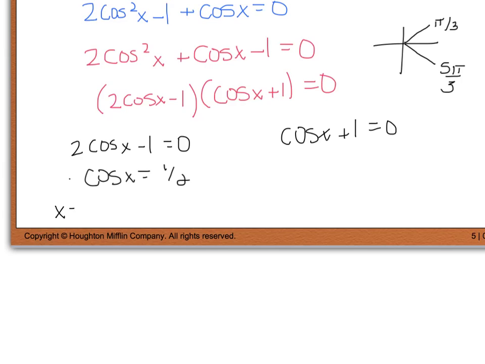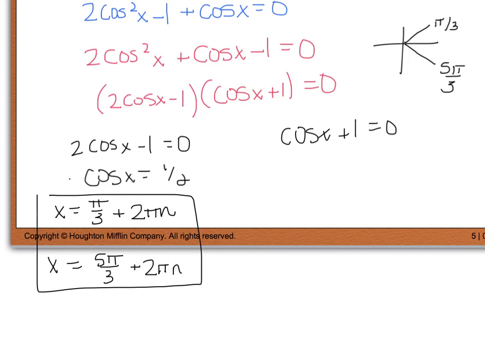So I have x equals pi divided by 3 plus 2 pi n, and I have x equals 5 pi over 3 plus 2 pi n. So I'll accept either one of those. And then here I have cosine x equals -1.